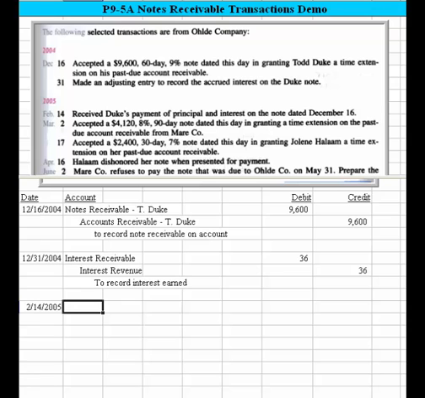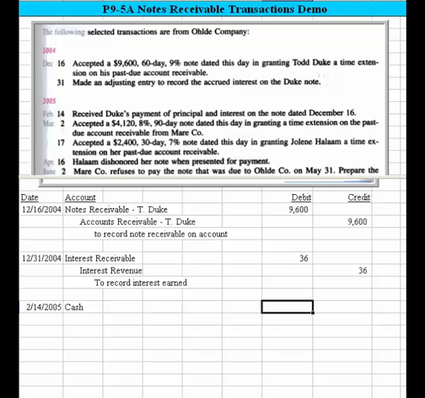On February 14th, we received payment of principal and interest for the note we've been discussing. If he's going to pay it, we need to calculate how much he's going to pay, and to come up with that.